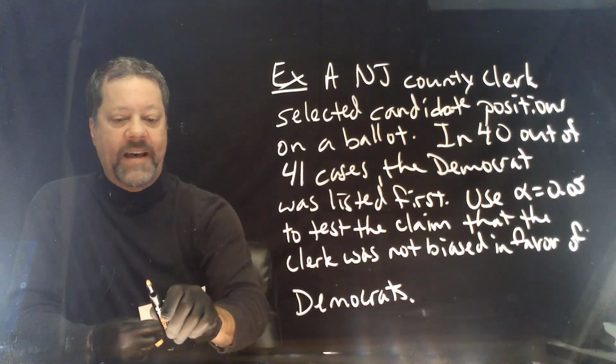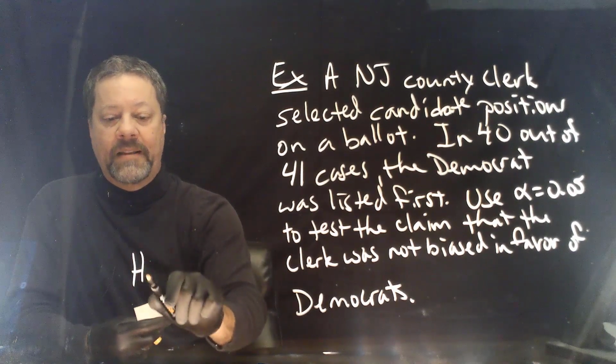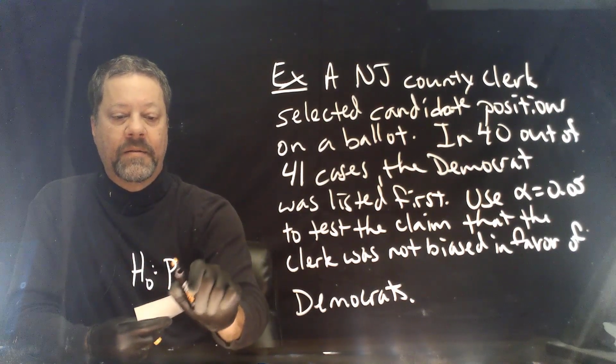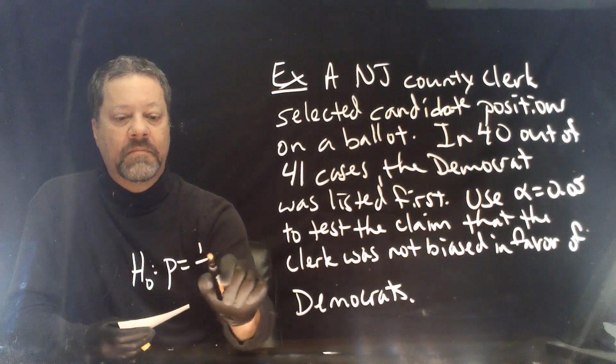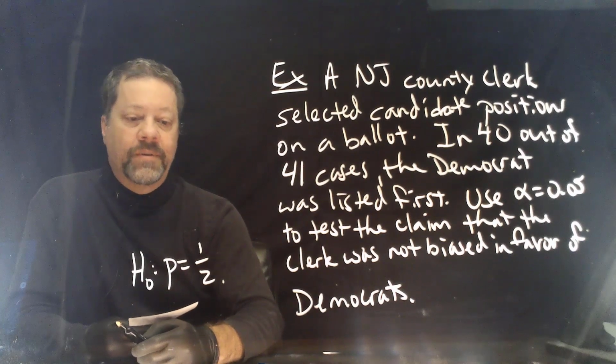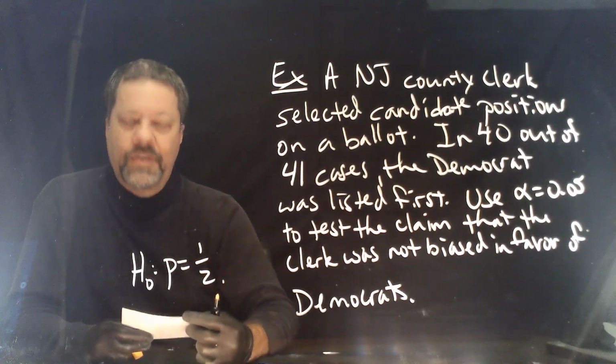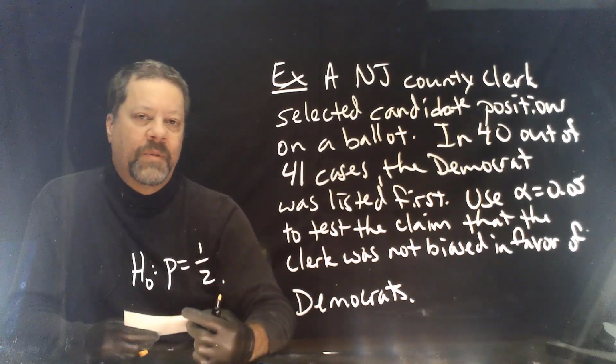So here we have a particular proportion being the null hypothesis. The null hypothesis proportion should be 1 out of 2, assuming there are two parties, Republican and Democrat.